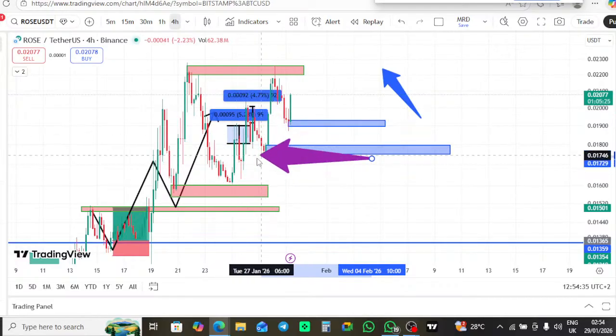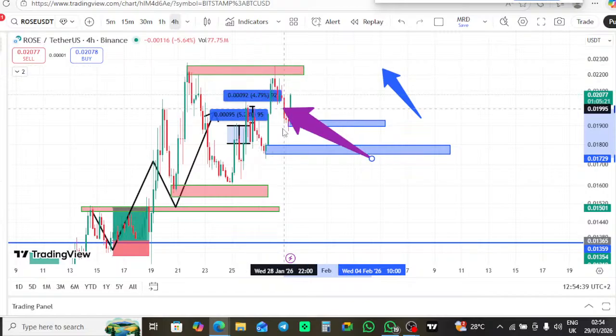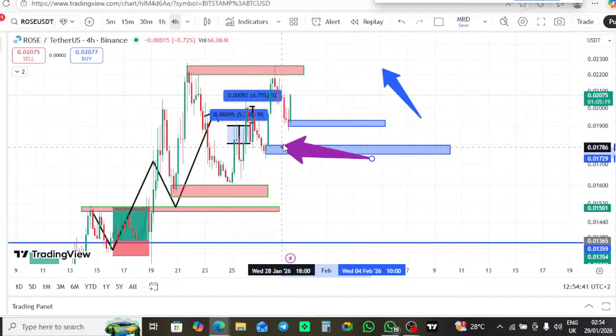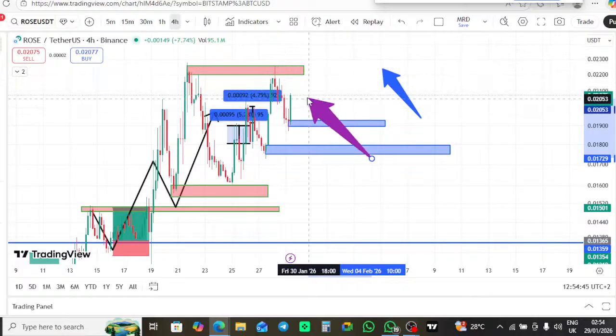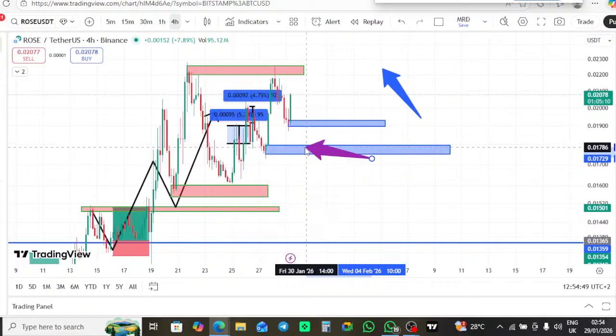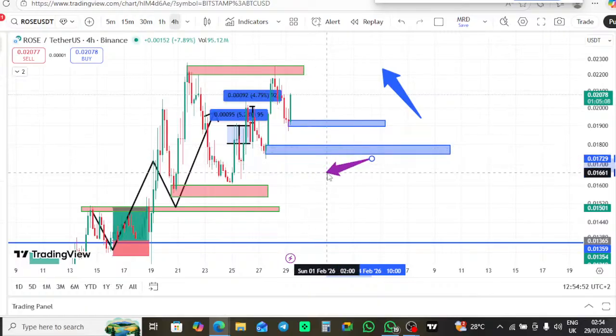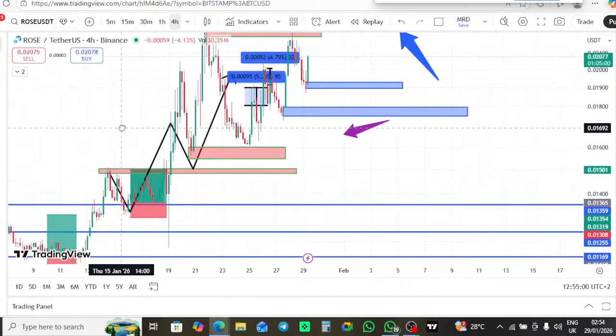Because we don't have change of character here, therefore the market is still moving up. Even here, we don't have change of character. The market is still moving up. Therefore, we will short this market until the market closes below this area. That's when you will have confirmed that the market is going to drop. I'm going to short it and I make money.